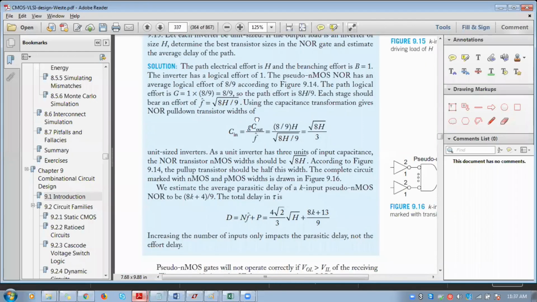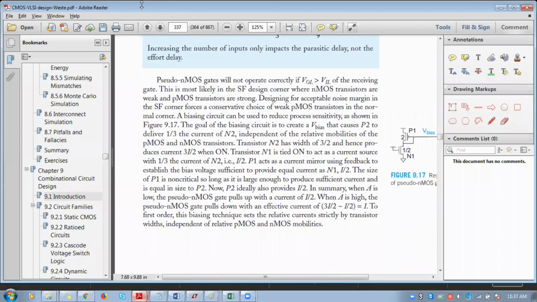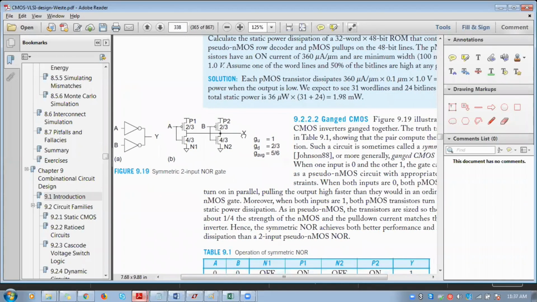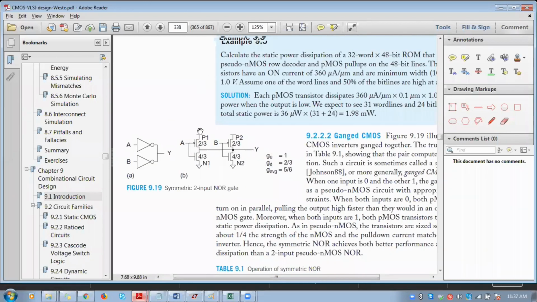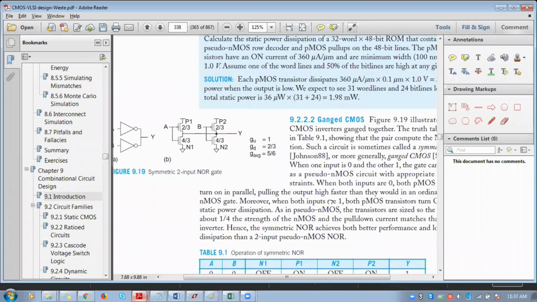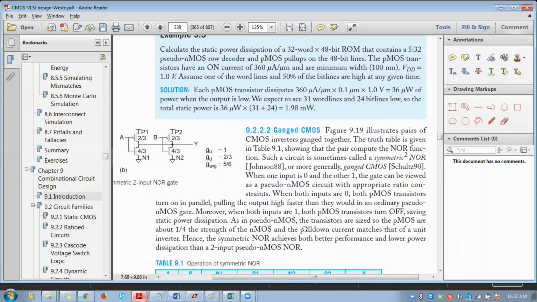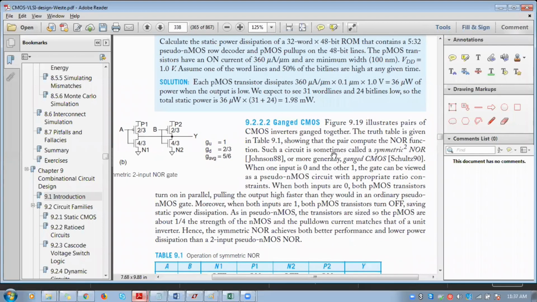The next topic in static circuits is ganged CMOS, that we have seen already. How we can connect many inverters to obtain the logics. You might have studied in digital electronics that they give some logic equation and ask you to design only using NAND gates, or only using NOR gates, like that, right?